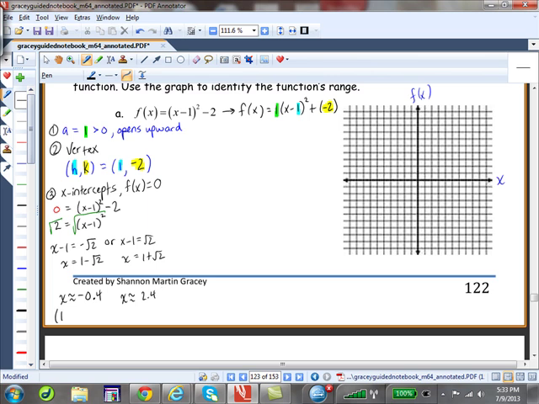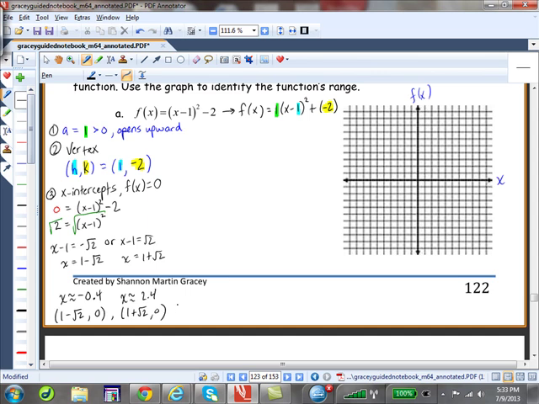So here we'll get 1 minus root 2 comma 0 and 1 plus root 2 comma 0, but we'll use the approximations when we're graphing, right?